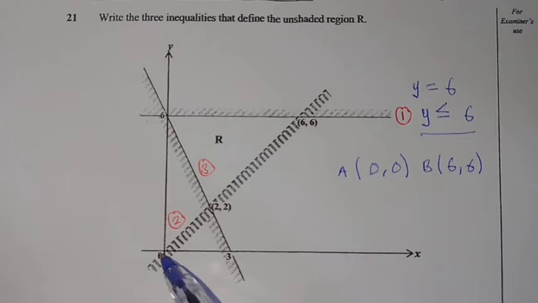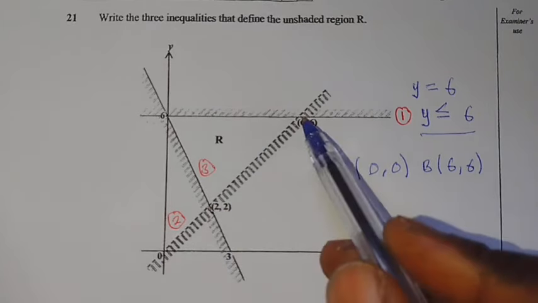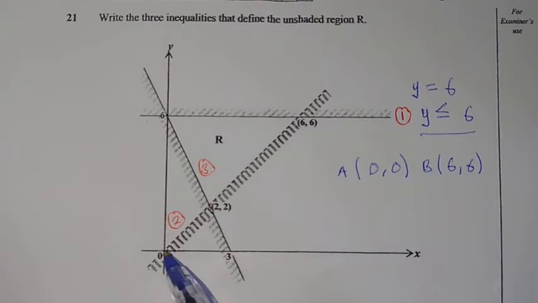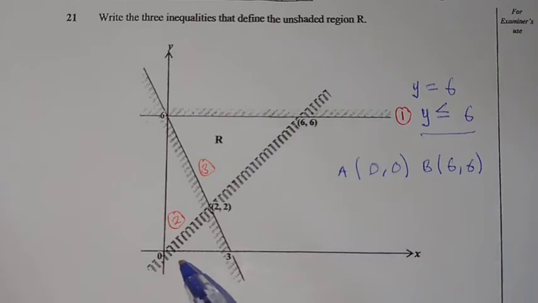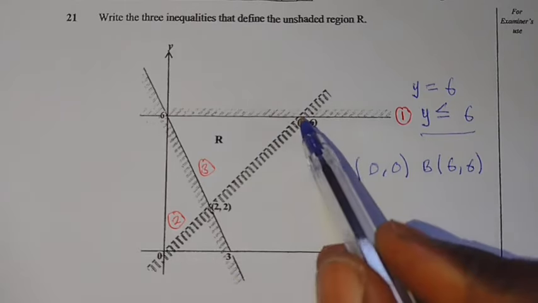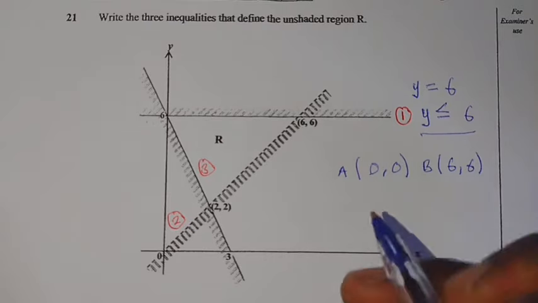So you can use this coordinate and this coordinate, or you can use this coordinate and this coordinate, because gradient in the straight line is constant, is the same. So I've decided to use this and this so that I find my gradient. Then we are going to use the gradient to find the equation of this straight line.